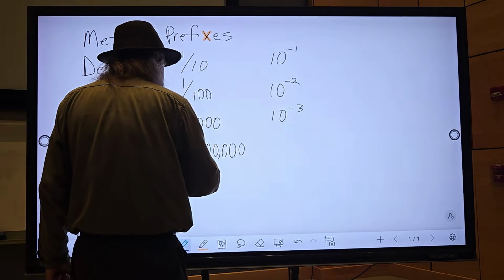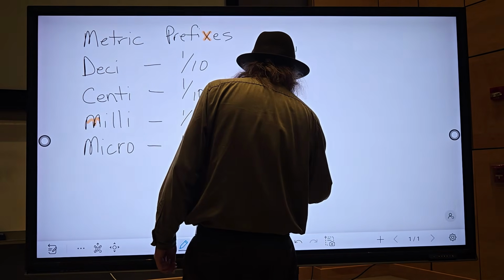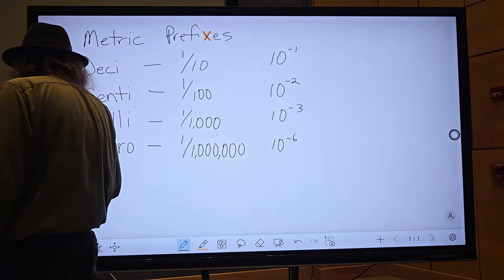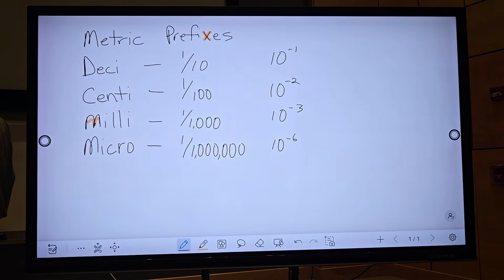One millionth, or 10 to the -6th. For very small amounts of current, you might run into microamps. If a processor is in sleep mode, it might use only a few microamps while it's in that sleep mode.